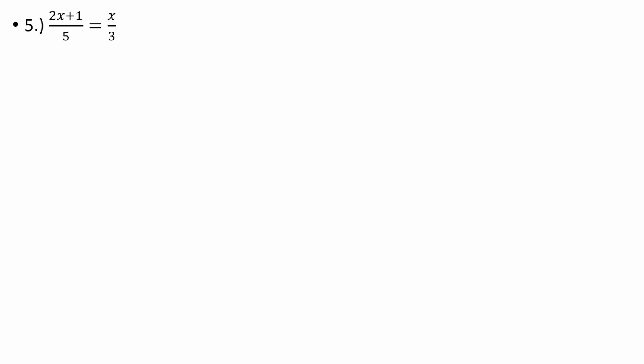All right, this one has the x in 2 different places. So we've got 2x plus 1 over 5 equals x over 3. And this is one where, if you were relying on your reasoning and your intuition and your number sense, all of which are wonderful things, it falls apart here because you've got the x's on both sides.